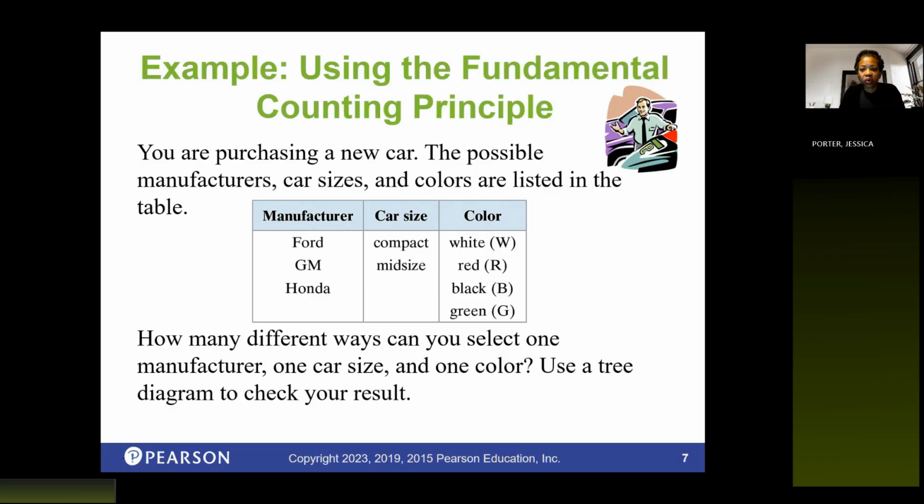So we've got 3 car manufacturers, 2 car sizes, and 4 colors. So given the fundamental counting principle, what should I do with these 3 manufacturers, 2 car sizes, and 4 colors?